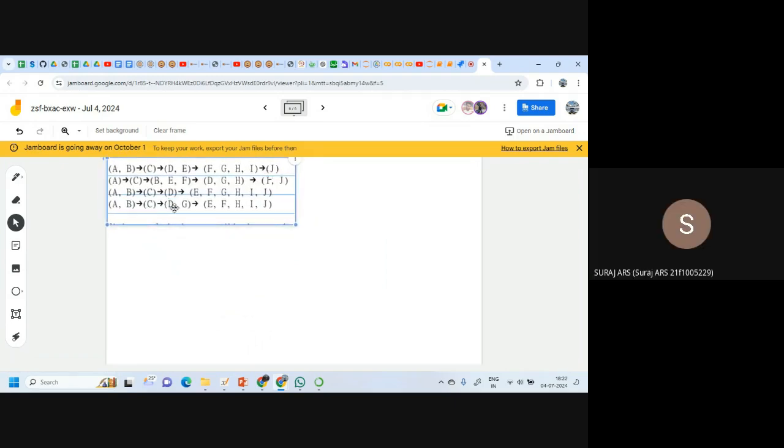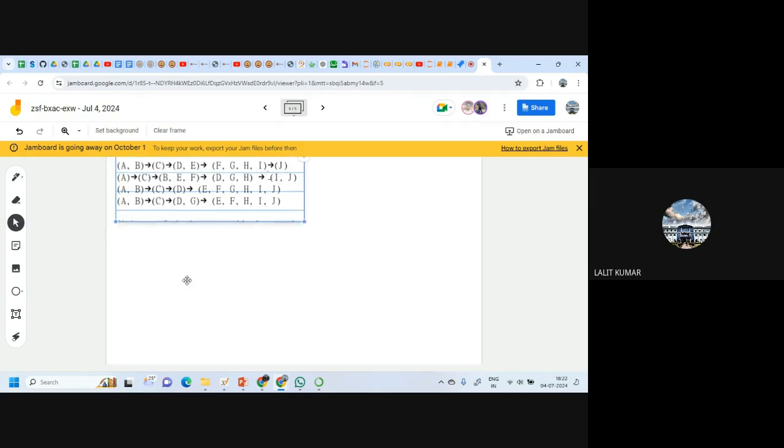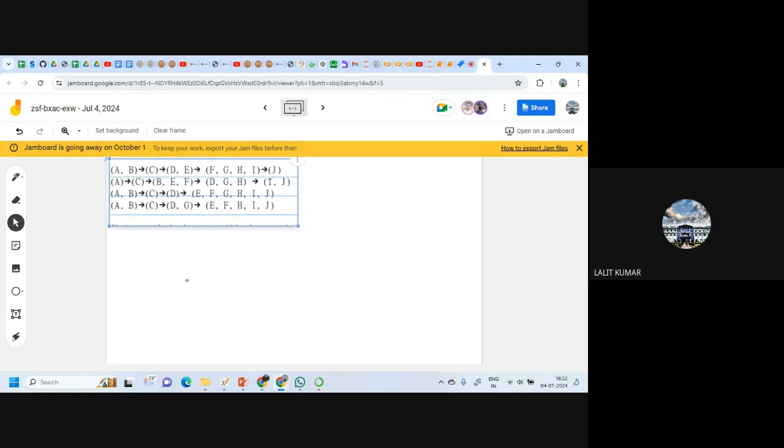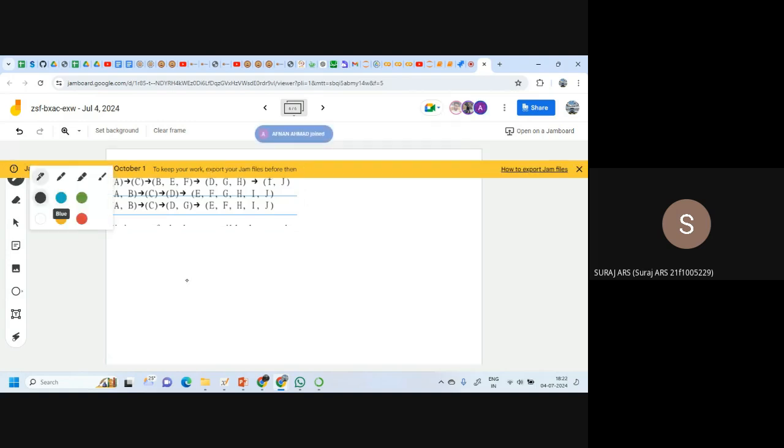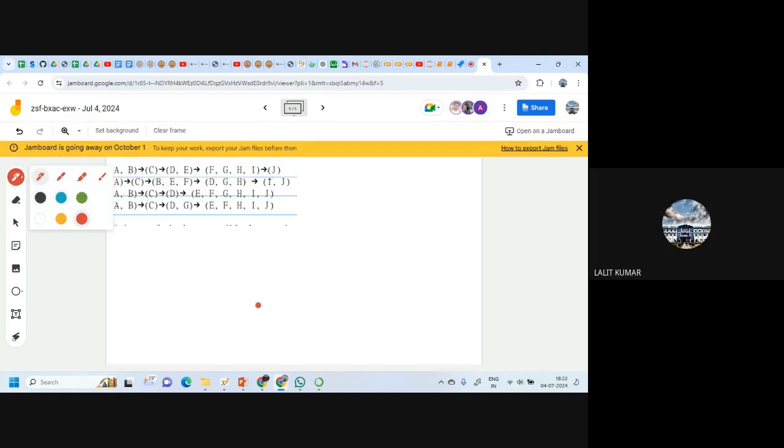So for this, it can be the third or fourth only, right? Because there are only four workstations. So we will learn the concept, basically how it is done. First, see: 1, 2, 3, 4, 5. These are 5 workstations.